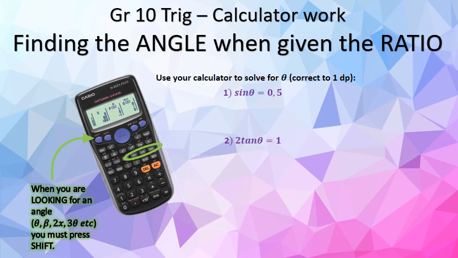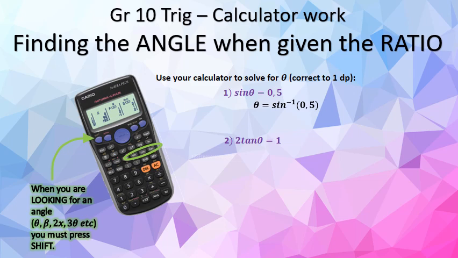We are telling our calculator to tell us what would the angle be if the ratio is given to us, and in this case the ratio is a half. So what you need to do is press shift on your calculator and then press sine and then insert the half ratio, just as I have presented now.